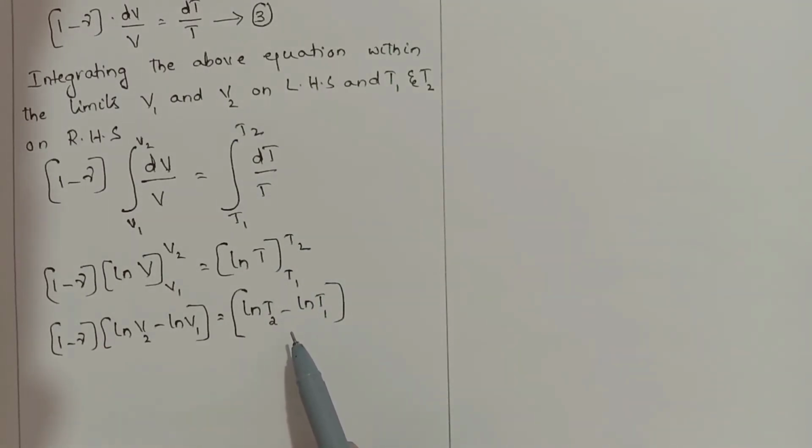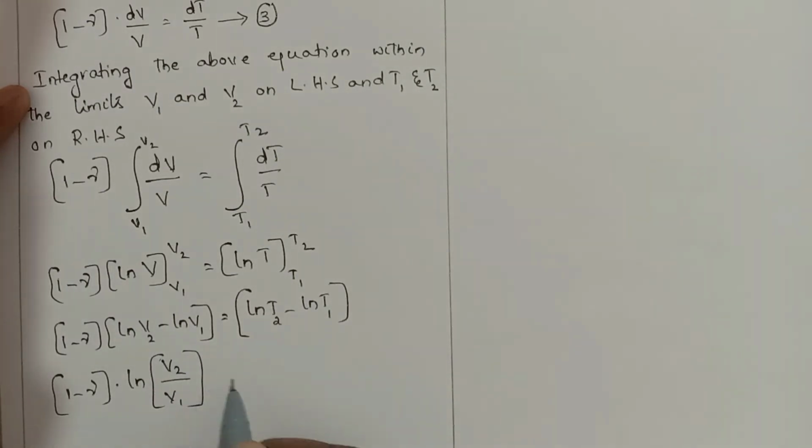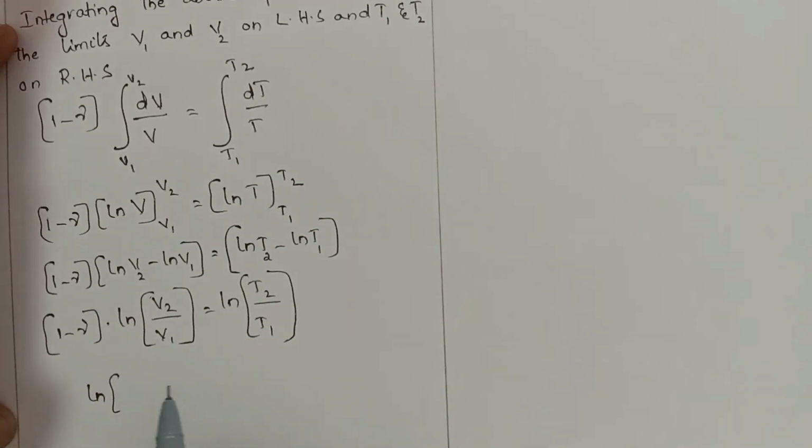Fine? Now, next step will be 1 minus gamma into ln V2 minus ln V1 is written as ln V2 by V1 is equal to ln T2 by T1. Fine. Now, next step, ln V2 by V1.